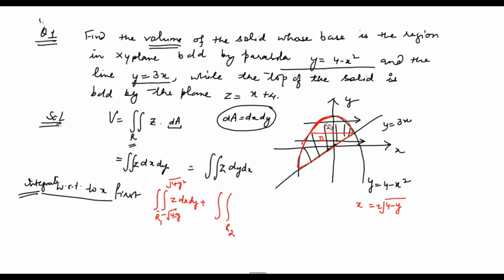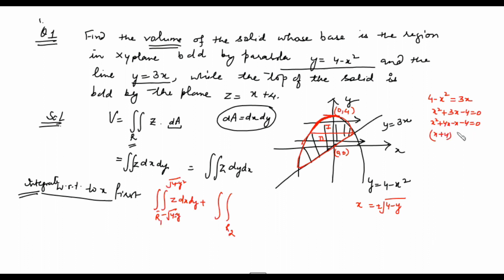And in this region, the minimum value of y is, now just see what are the points. Here this point is 0 comma 0, okay. Here this point is 0 comma 4. Now it is an intersection of this line and this, so find out the intersection points. When you simplify this you get x square plus 3x minus 4 is equal to 0, means x square plus 4x minus x minus 4 equal to 0.